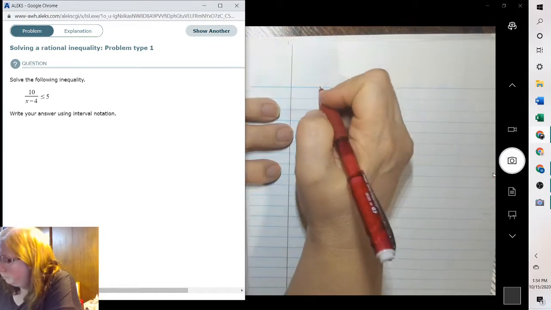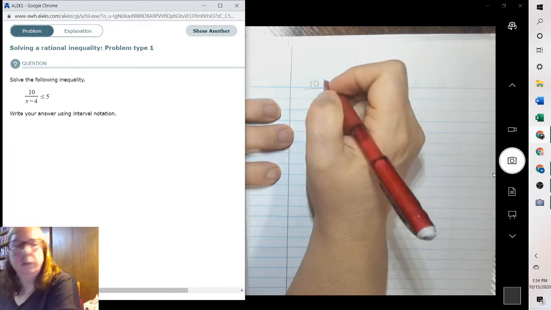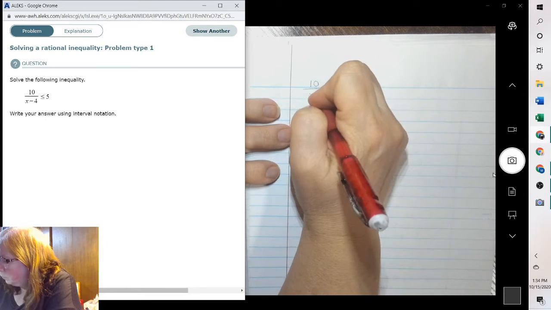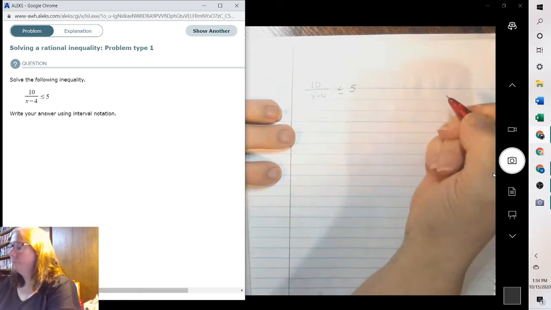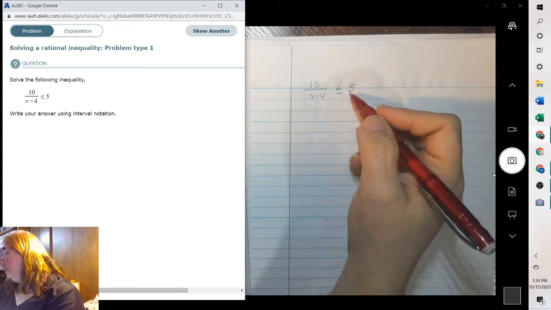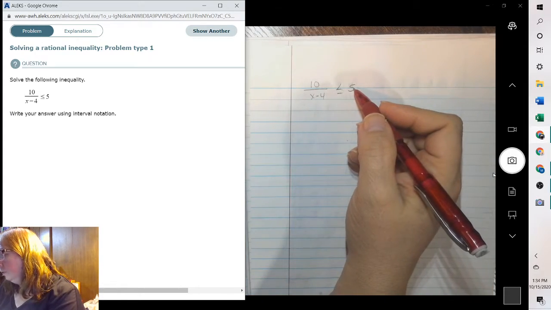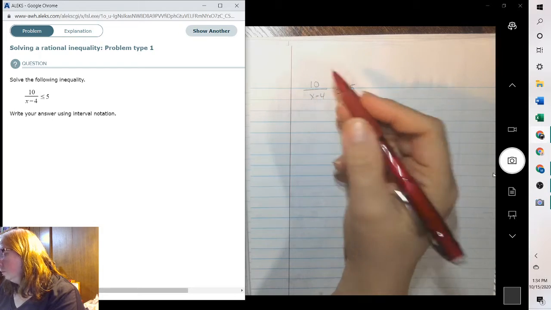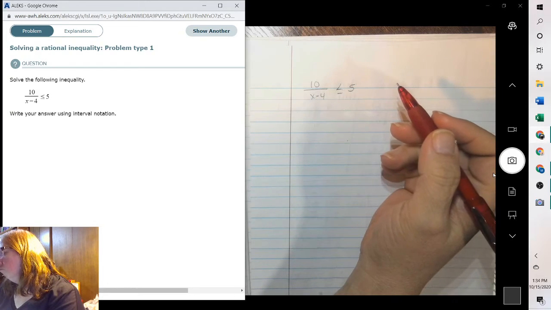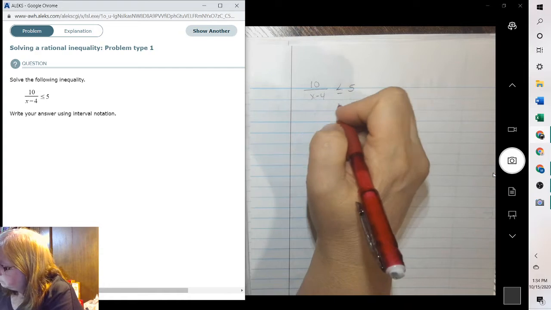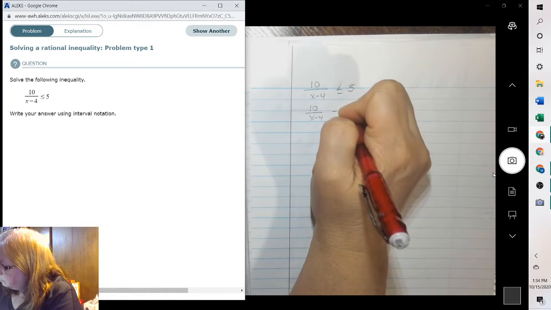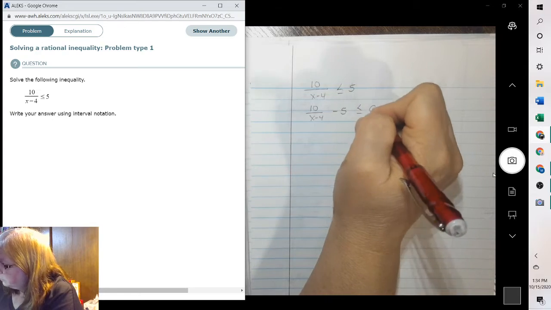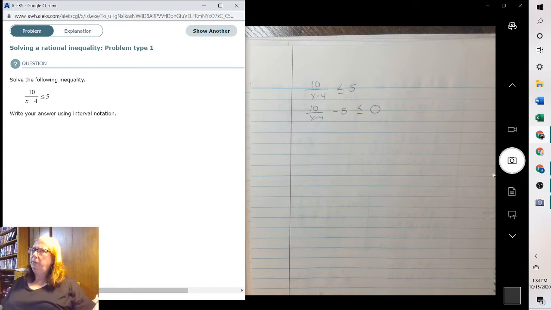So we have 10 over x minus 4 is less than or equal to 5. So on this one, again, we still need to get it set equal to 0. Well, we could cross multiply. You should get it set equal to 0.